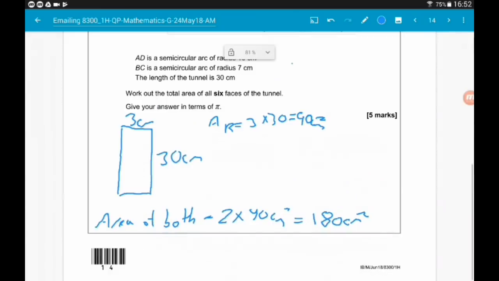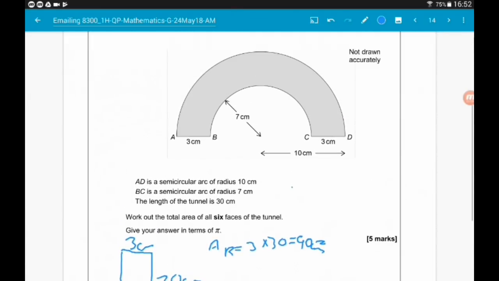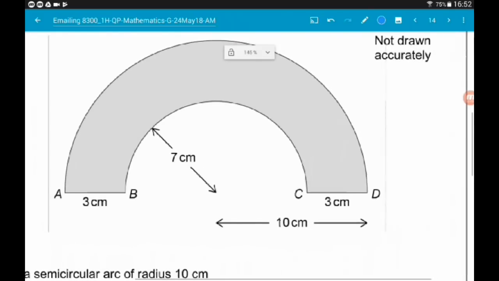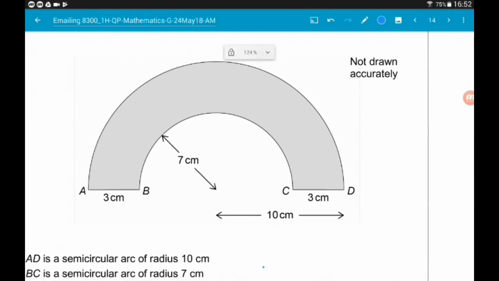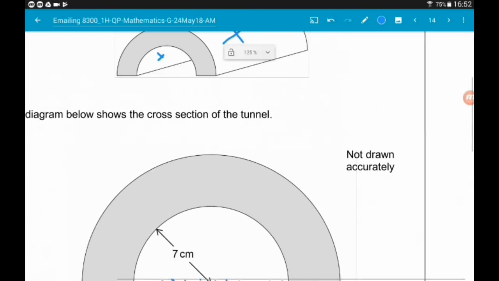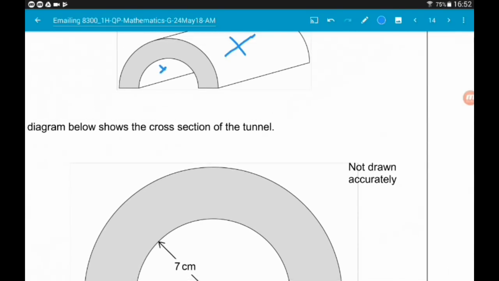Okay, the next part that we're going to work out the area of is the shaded arc. So what we need to realise here is the shaded arc is a semicircle with a semicircle cut out of it. I'm going to call the whole thing the big semicircle. So we're going to work out the area of the big semicircle first of all.